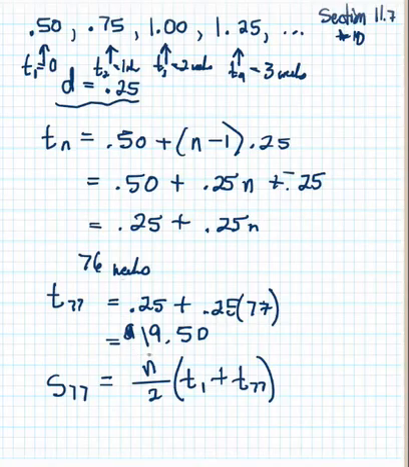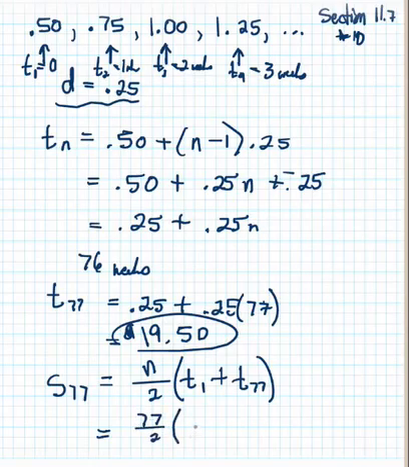That's nice because we already found T sub 77. So it's going to equal 77 over 2 times the first term plus this one here, so 77 over 2 times 20. Dividing 2 into the 20 gives 10, so 77 times 10 is $770.